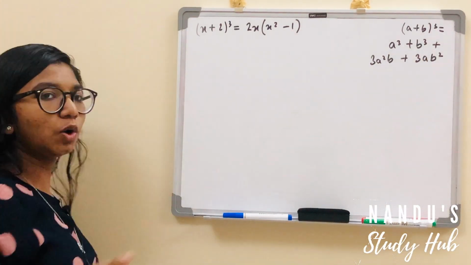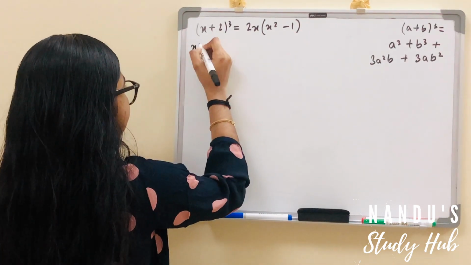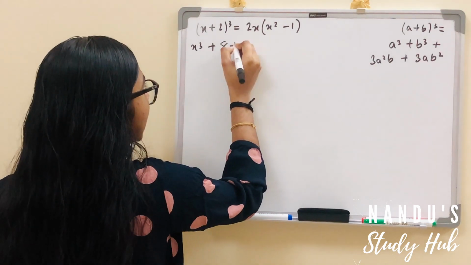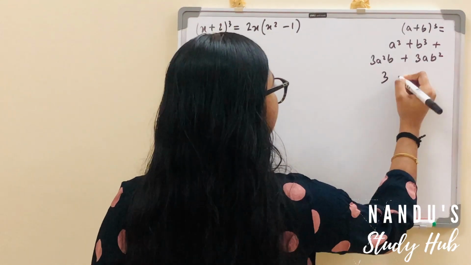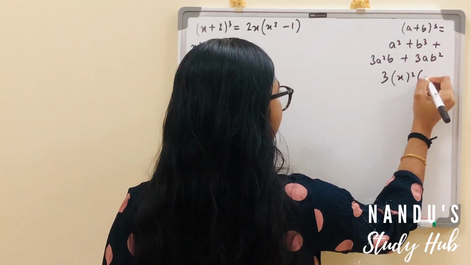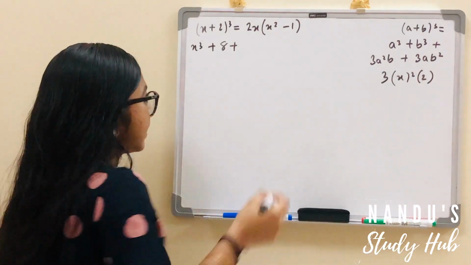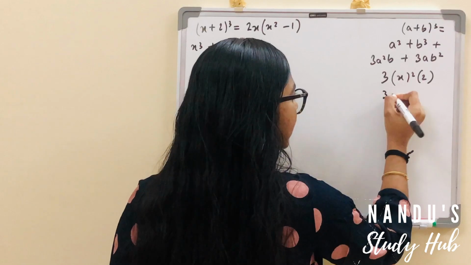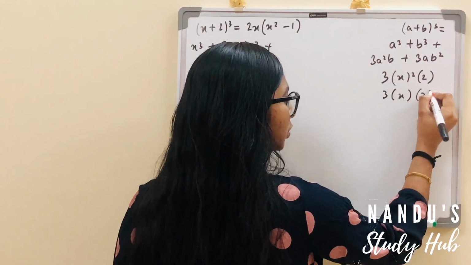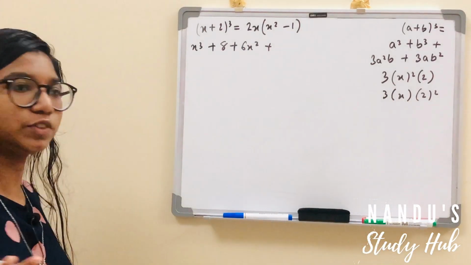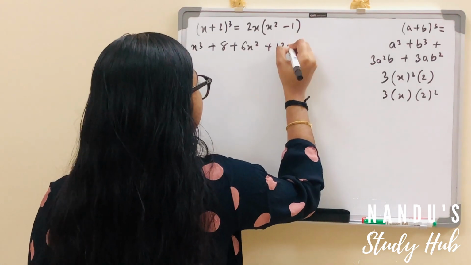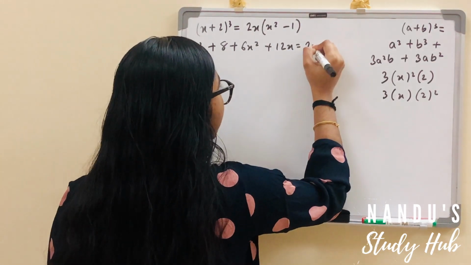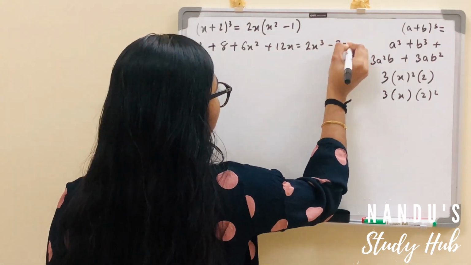So x plus 2 the whole cube will give me x cube plus 2 cube is 8 plus 3a square b is 3 into x square into 2, which is 6x square, plus 3ab square is 3 into x into 2 square. So 2 square is 4, 4 3s are 12, 12x equals 2x into x square is 2x cube minus 2x.